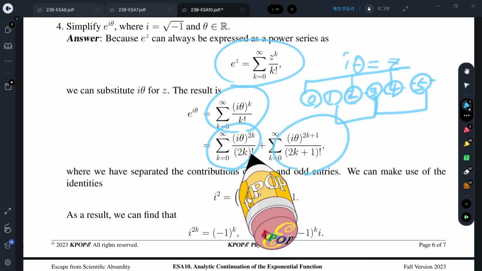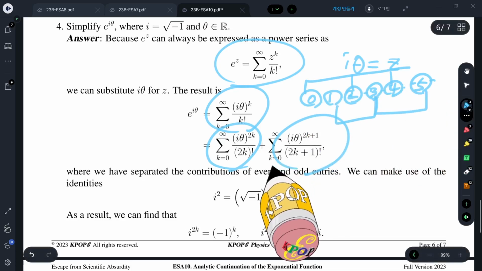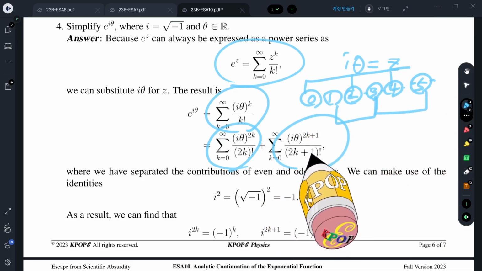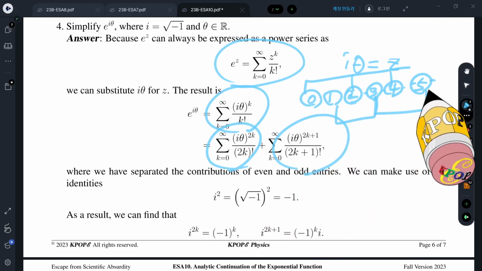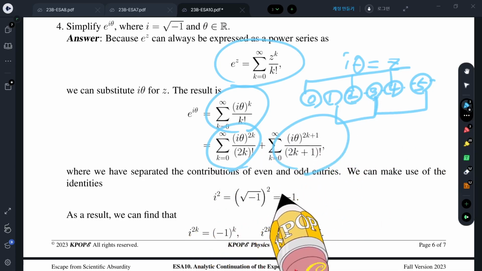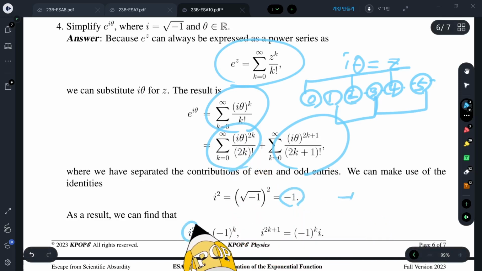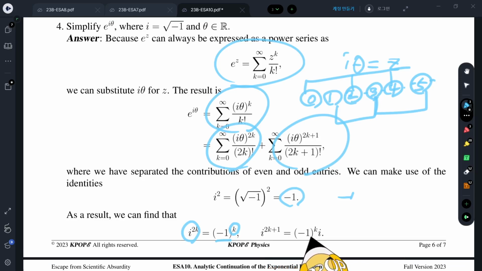These are 2k, so 0, 2, 4, 6. 2k plus 1, 1, 3, 5, 7. So to the infinity. We know i squared is just minus 1. So i to the 2k is minus 1 to the kth. i to the 2k plus 1 equals minus 1 to the kth power multiplied by i.